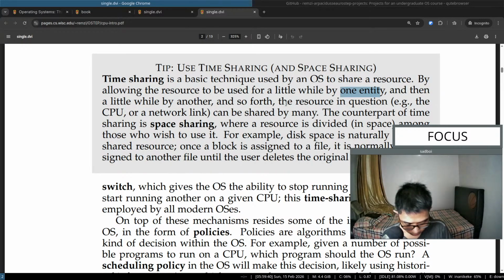The resource in question, like the CPU, can be shared by many.